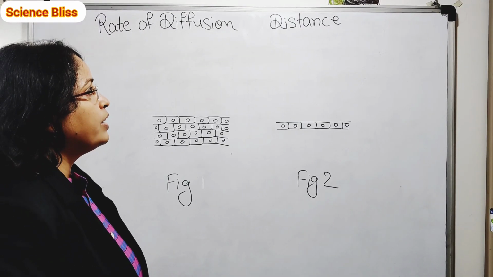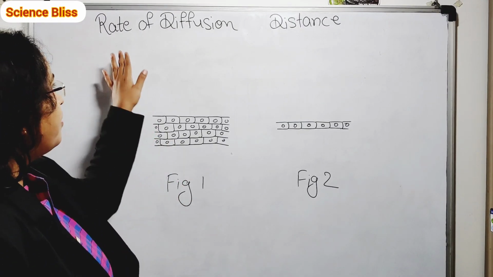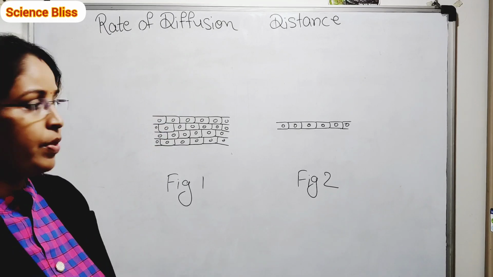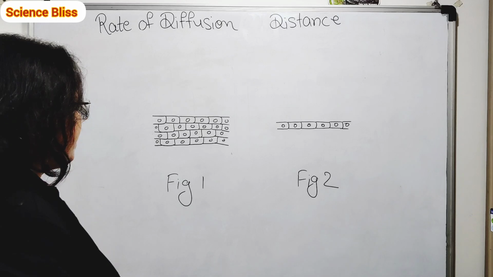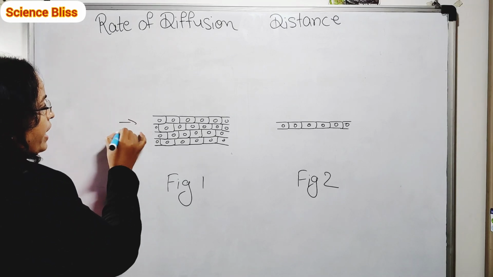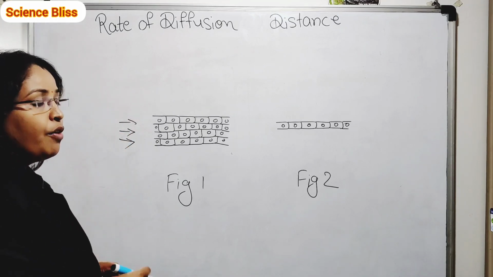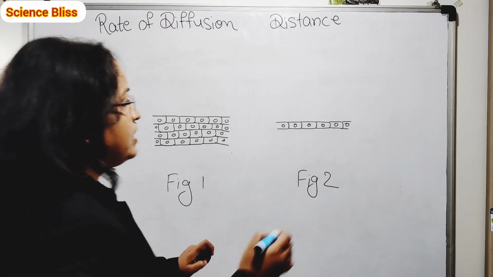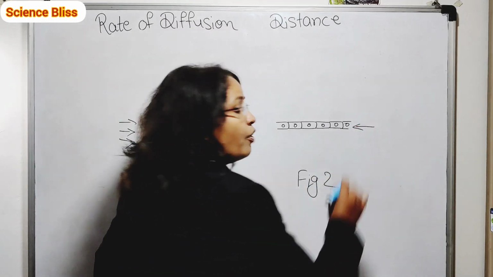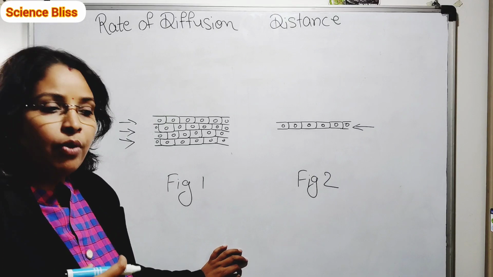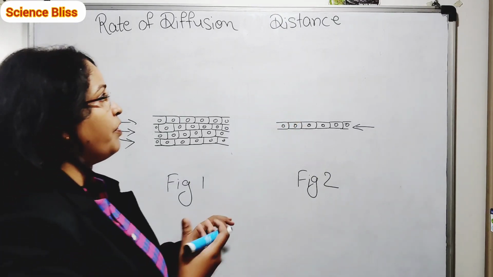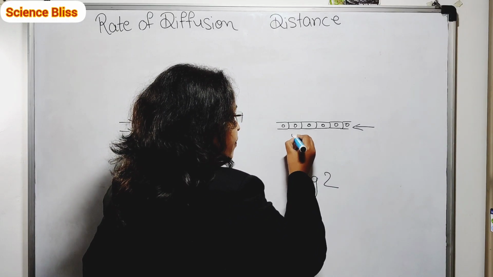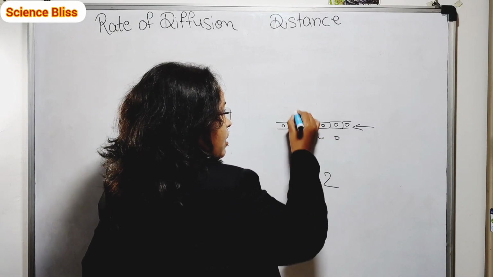Now, the next factor affecting the rate of diffusion is distance. Over here in figure 1, we can see there are so many layers of cells, whereas in figure 2, we can see only a single layer of a cell. So if a molecule has to cross through this layer, it has to cover a very small distance.